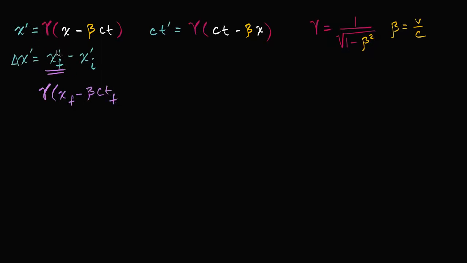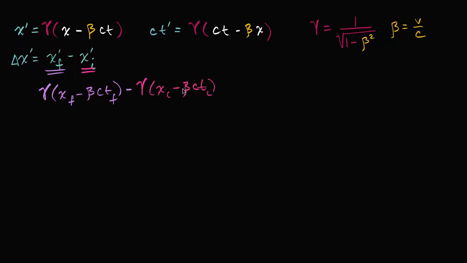If I want to figure out my final x prime, I'm just going to think of my final x and my final ct. And from that, I am going to subtract the initial x prime. Well, x prime initial is just going to be Lorentz factor gamma times x initial minus beta times ct initial.